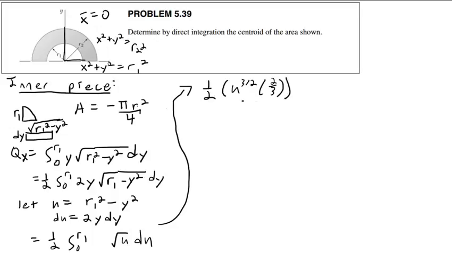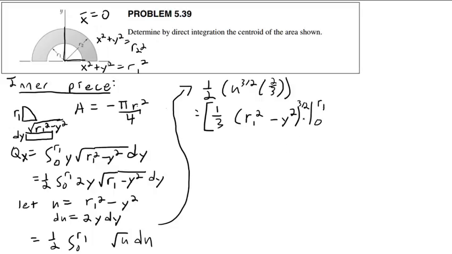All right, and then let me evaluate it by plugging back in the y. So that is 1/3 r1 squared minus y squared, evaluated from 0 to r1, to the 3/2 power.